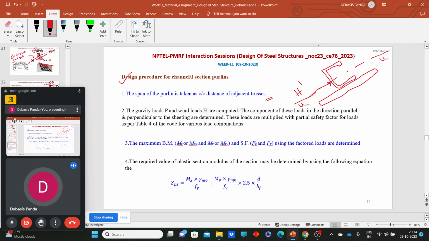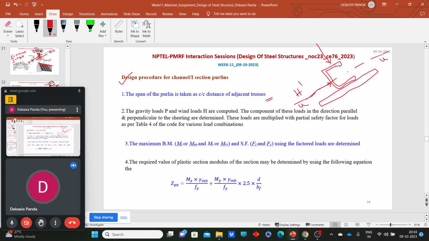And we need to calculate the load with respect to this VV or ZZ axis, which is nothing but P dashed. If we know the inclination angle, we can calculate it, where P is the factored load due to self weight and so on, and H is the value of wind load. So we can calculate the values of My and Mz, or Mu and Mv, simply.